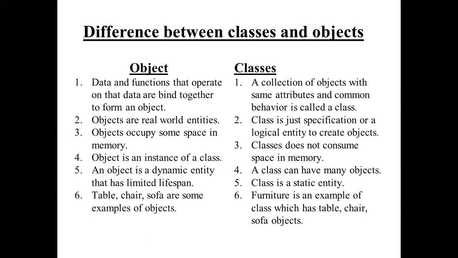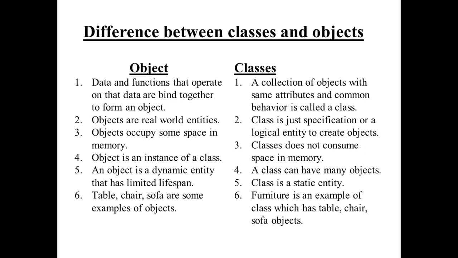So there can be different forms of different objects. For example, object one contains roll number one, name Ram, and object two contains roll number two, name Rajesh. So an object is dynamic because objects hold different data at runtime, depending upon user requirement and user input. So a class is static, it never changes if we run it multiple times.